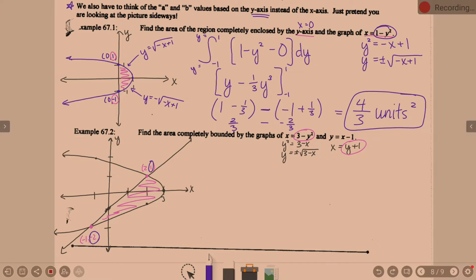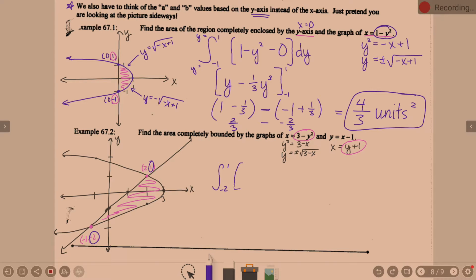Okay. Integral from -2 to 1. And remember, those are y values. Right to left, or right minus left. What's my right curve? The parabola.